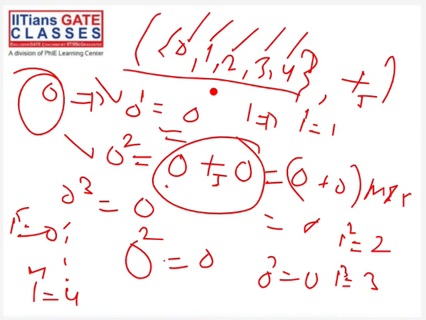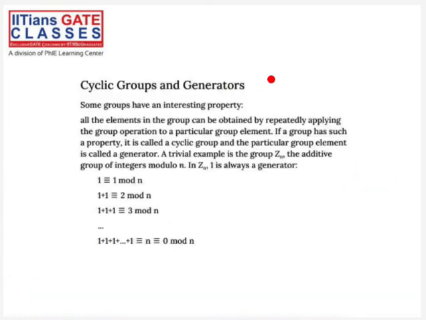Is there any doubt in the definition of generator? Anyone? So this one is a generator. Now, if you have a generator, then your group will be called a cyclic group. Of course, first you have to check whether your structure is a group or not.